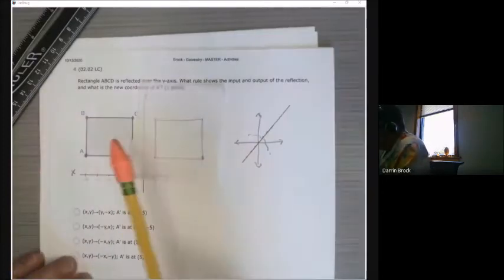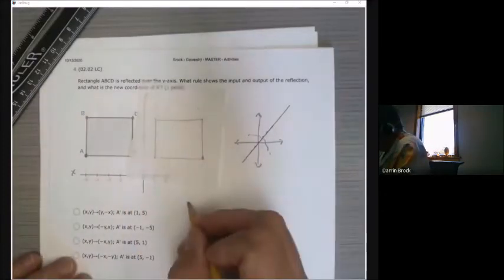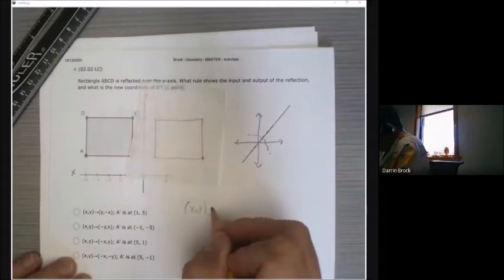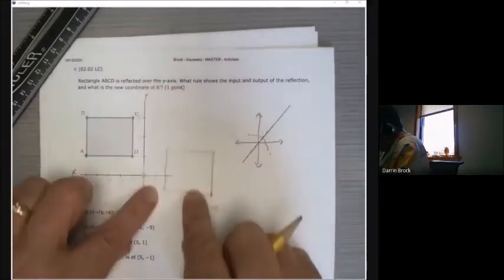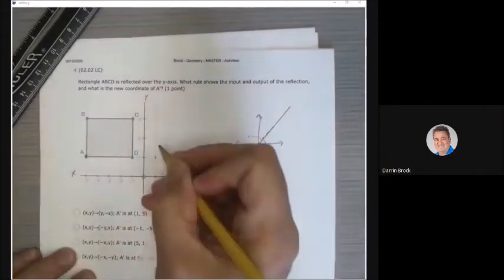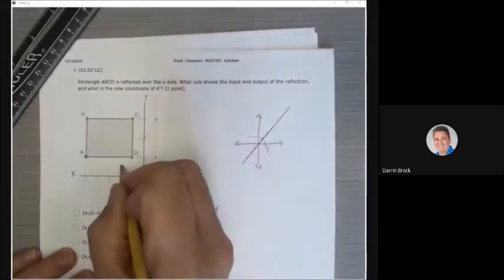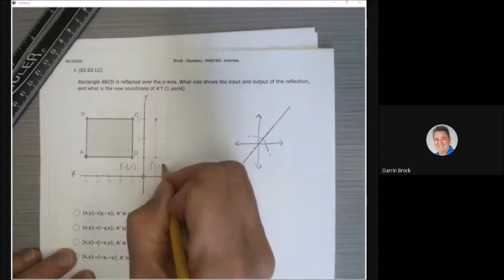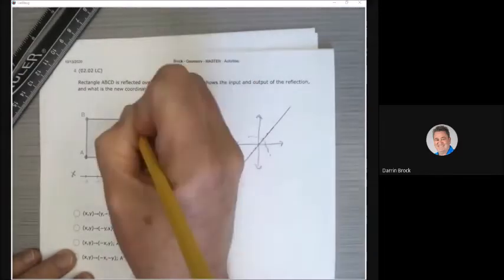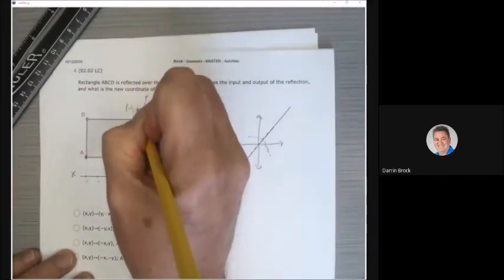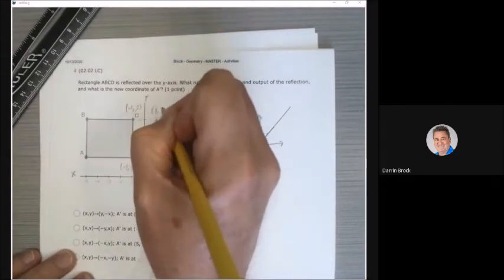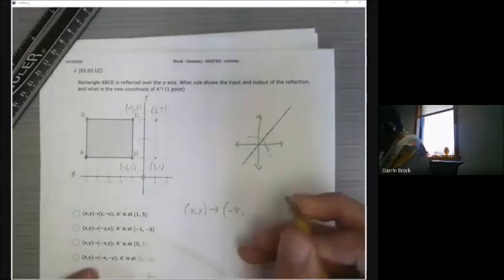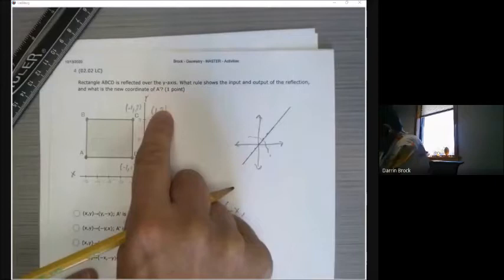So the rule that we're seeing is (x, y) becomes, well, let's see, where did D go? D moved over here. C moved over here. This was -1, 1. This is 1, 1. This was -1, 3. This is 1, 3. So what's happened is the x is just -x, and the y is staying the same, 1 to 1, 3 to 3.